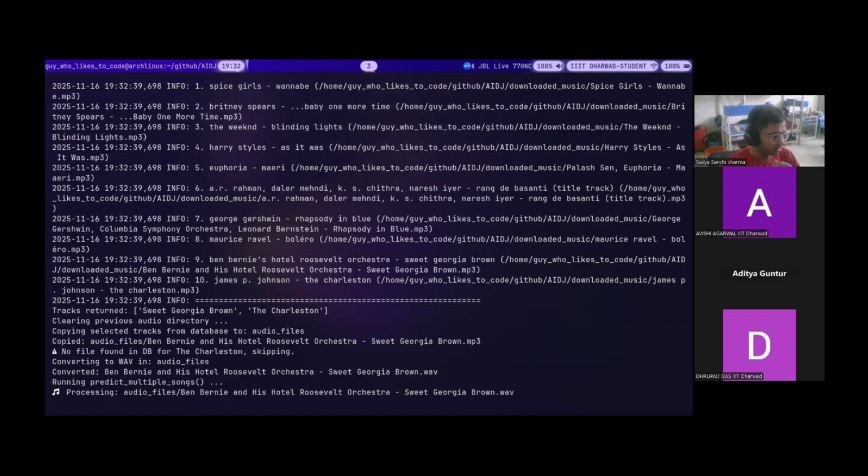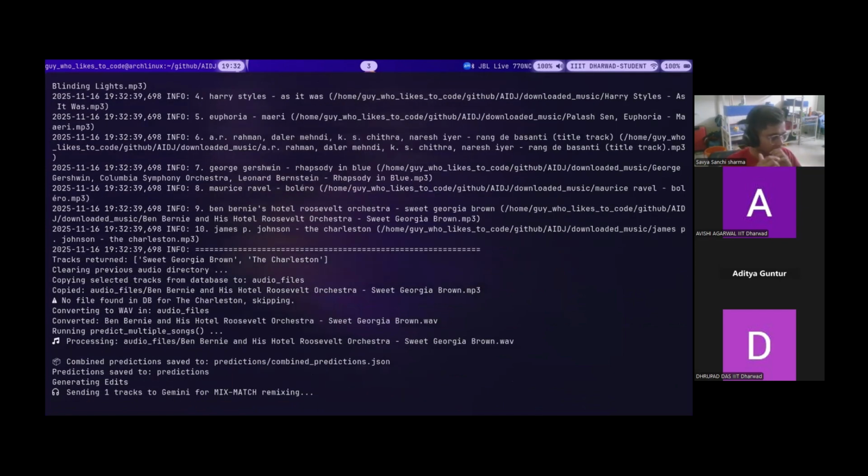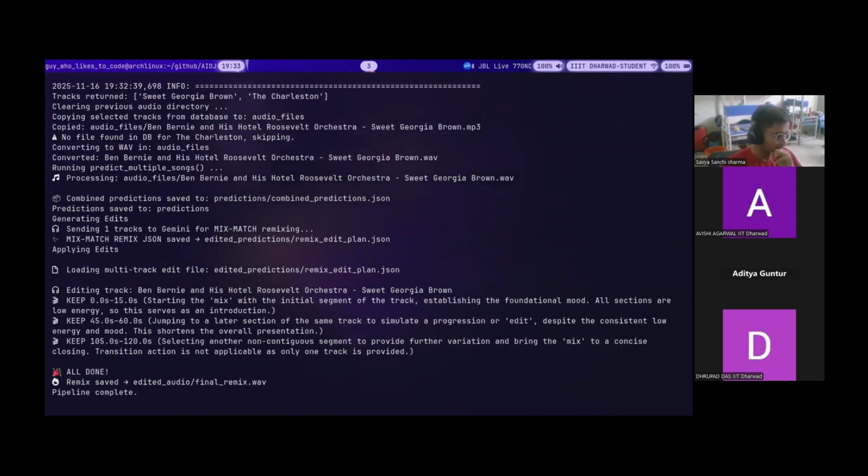Now, the songs got downloaded in the form of MP3. Now it gets converted into WAV and all pre-processing is happening. Then it goes into our model. Then it generates some JSON files which we feed into our LLM and we get our final remix.